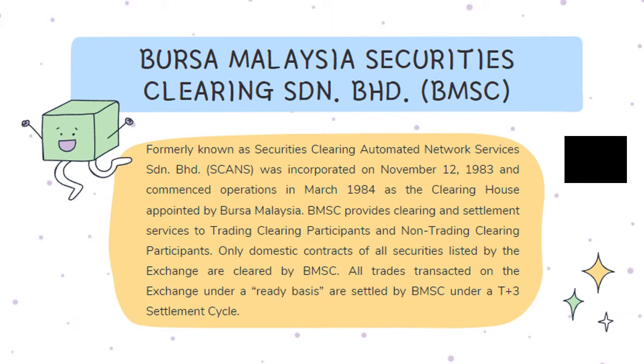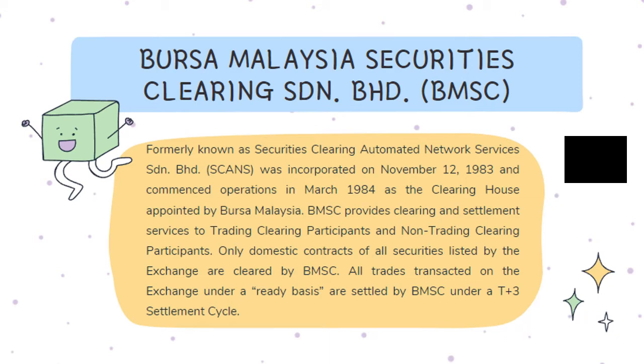Now we go to the Bursa Malaysia Securities Clearing Sdn Bhd or BMSC. This is one of the subsidiaries under Bursa Malaysia. Previously it was known as Securities Clearing Automated Network Services Sdn Bhd or SCANS.